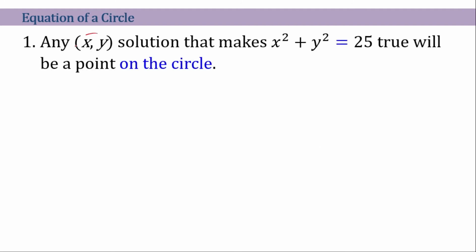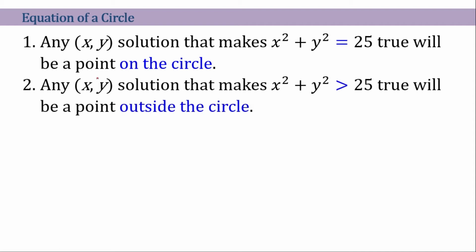So if any point is a solution that makes this equal to 25, then this will be a point on the circle. But if any point that you substitute here would make it greater than 25, then that point is outside the circle.